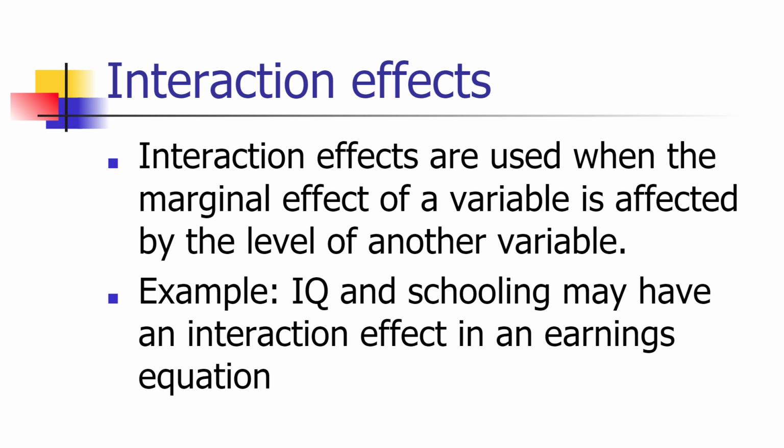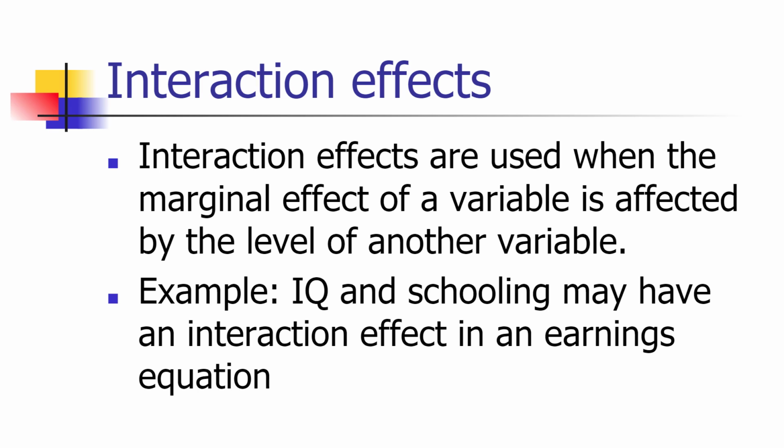Another case where we might see this, and this is one of the first ones that was investigated by economists, is looking at the relationship between ability as measured by IQ and years of schooling on earnings. The basic notion here is that people who start school with a higher level of ability, as perhaps measured by IQ or some other type of test score, may end up getting a larger return to an additional year of schooling.